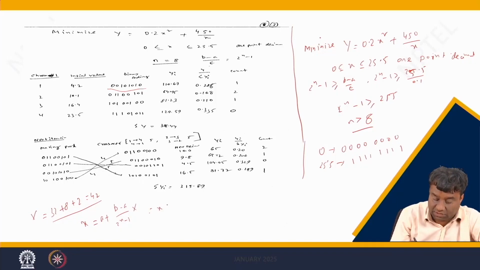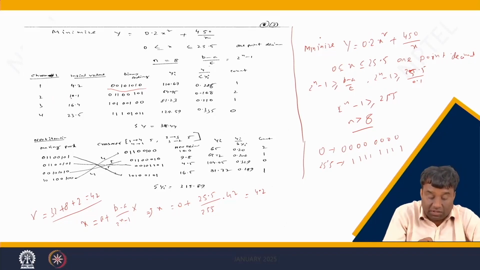So a is 0, b minus a is equal to 25.5, 2 to the power n minus 1 is 255, and x here is 42. So that is x equal to 4.2. Similarly, this will be 10.1, this is 16.4, this is 24, this is 23.5. So calculate the value of y.